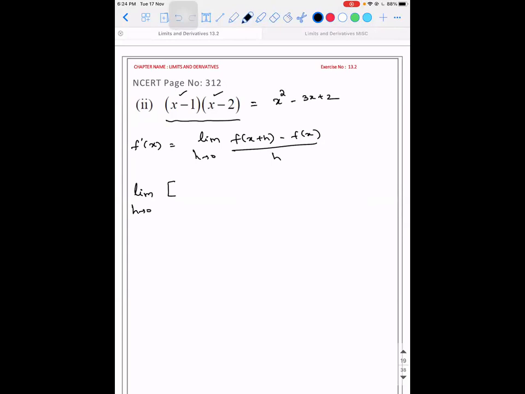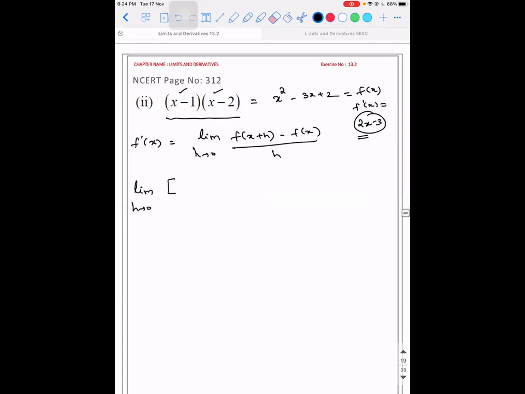So now this is f of x, so directly find f dash of x. It is going to be 2x minus 3. So this is the expected answer. Let's see if we are getting it using the first principle also. Let's try this out.